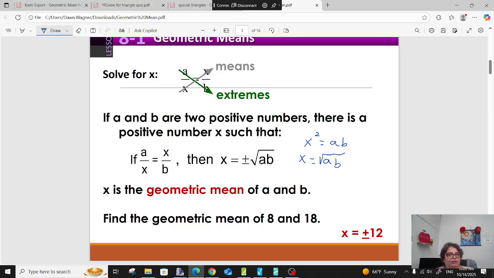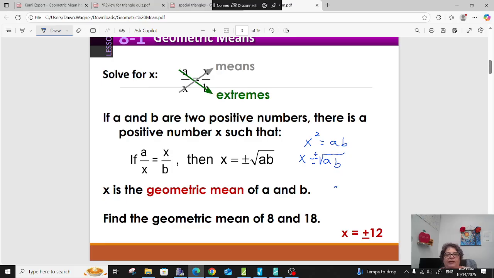Now, when you take the square root of both sides, you do get plus and minus. In geometry, because we're talking about lengths of sides, can we have a negative side length? No. Is there negatives on a ruler? No. So I throw those negatives out the window, and I just work with the positives because I'm talking about a length. But technically, if they say, like this one, what is the geometric mean of 8 and 18?